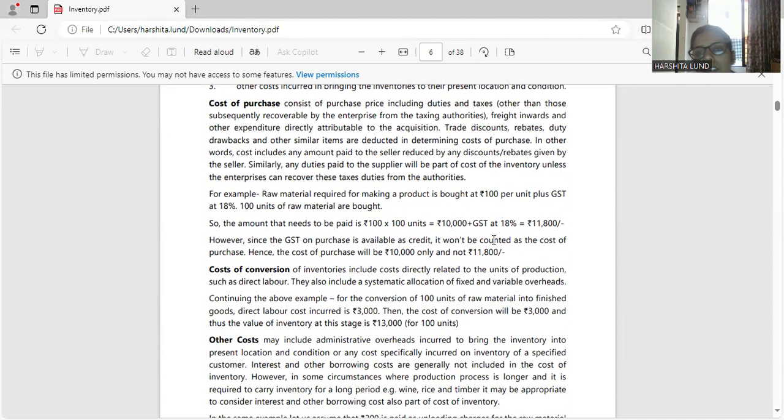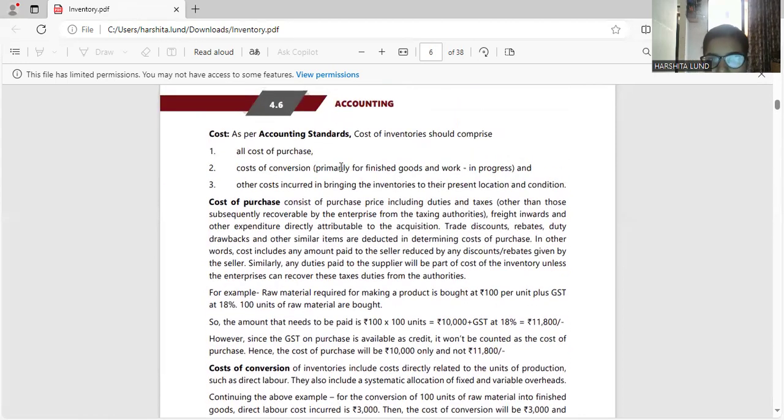One more point on taxes: if the indirect taxes are refundable, for example customs duty, then they will not be added to your inventory. If these duties are not refundable, then you can include that duty. For example, raw material required costs 10,000 plus GST, so the price will be 11,800, but the GST is available as credit, so you can get the refund.